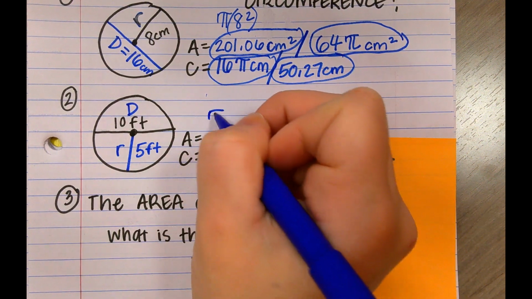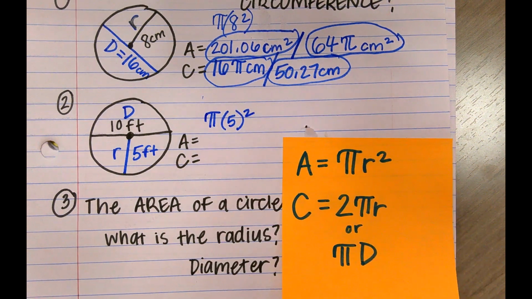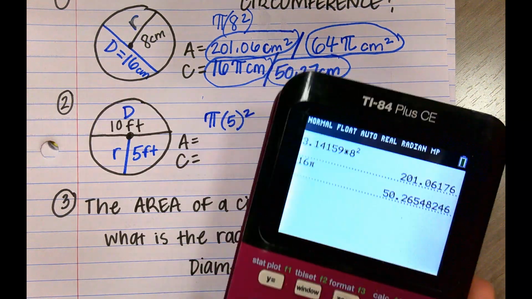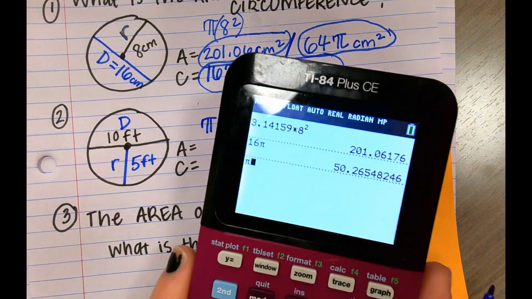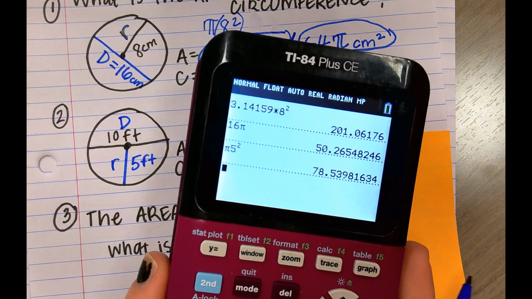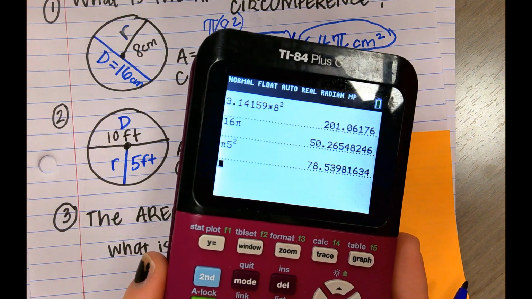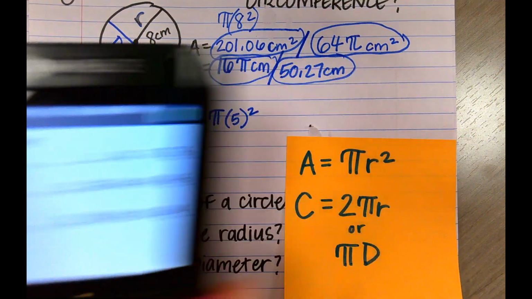Yep. Pi 5 squared. Type that in. Second pi 5 squared. I got 78.5. I'll round to 78.54.